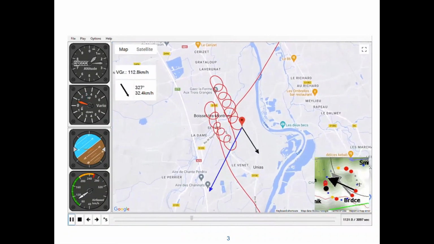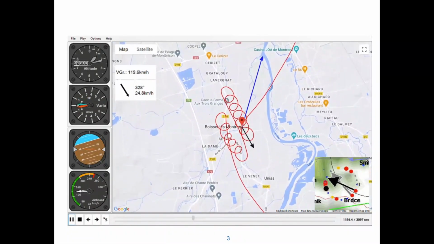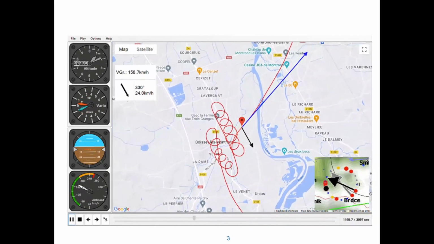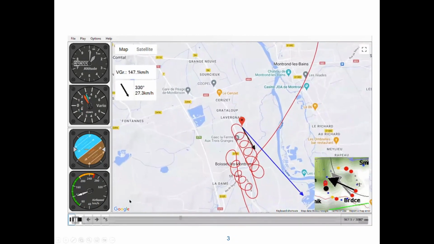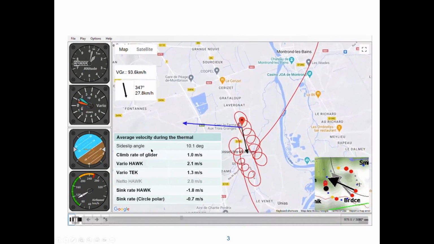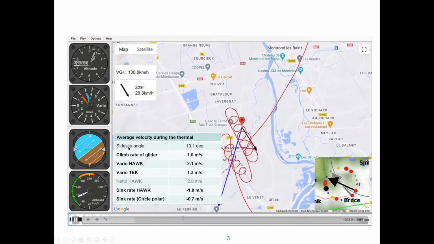If you fly in the mountains, this is not the case. It's not always the same or straight value. Now, okay. Let us see now what the results of the average of the first slide is.